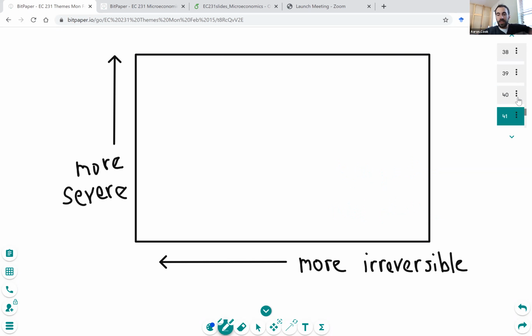Another type of pollution, which you can think of as a little bit less reversible and perhaps more severe than light pollution or noise pollution, would be just local air pollution. This would consist of things like sulfur dioxide and nitrous oxide, which accumulate and perhaps linger over urban areas, and they cause respiratory irritation and eye irritation and throat irritation for people that are breathing that air.